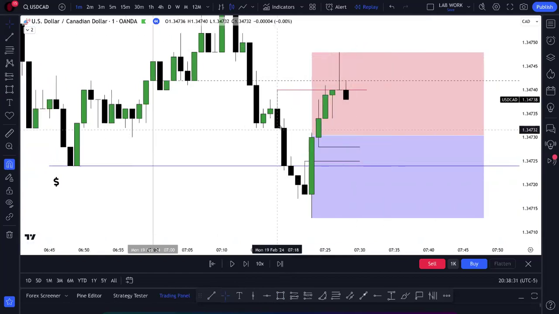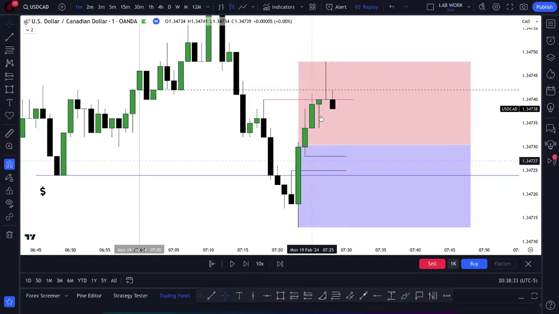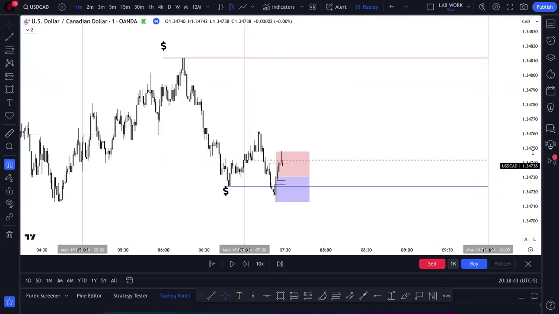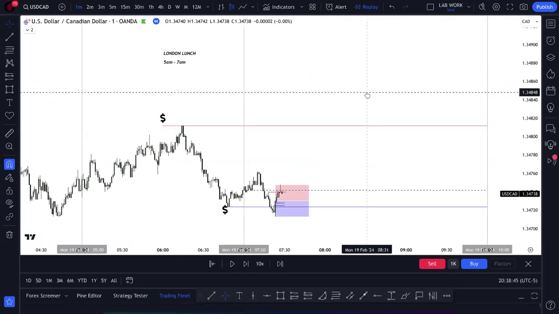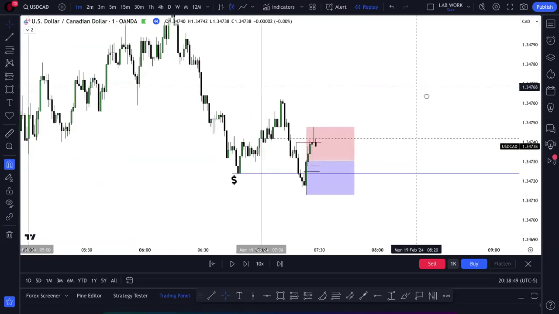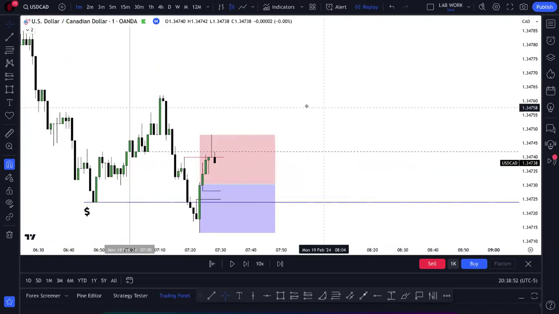We know for sure it's a discount fair value gap because of the range that we're trading in, high to low, and plus it's below 7 a.m.'s opening price. And also a bonus, it's below what? The weekly opening price. So you got multiple confluences here. It's the operator, guys, and it's the way you read the price action.